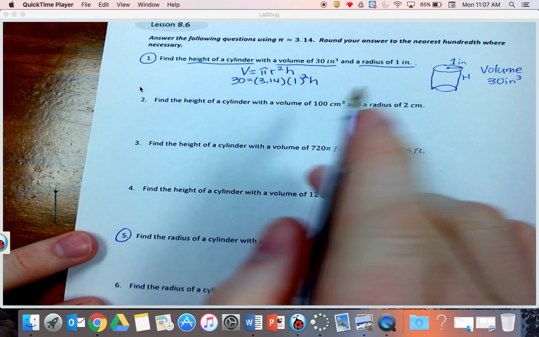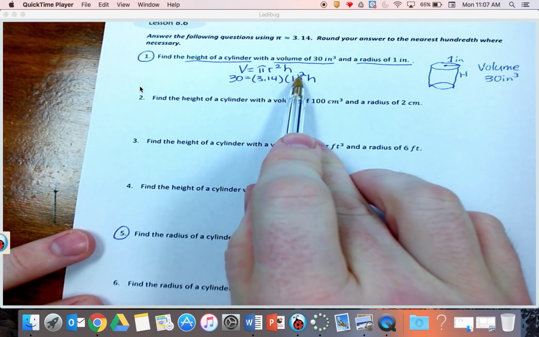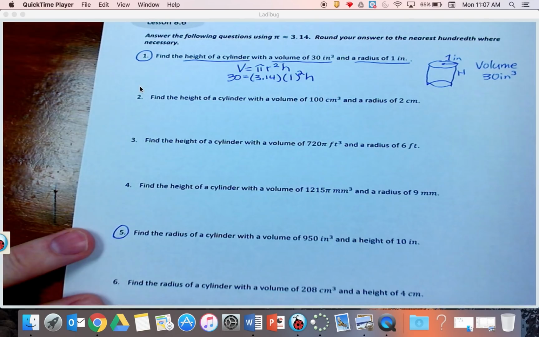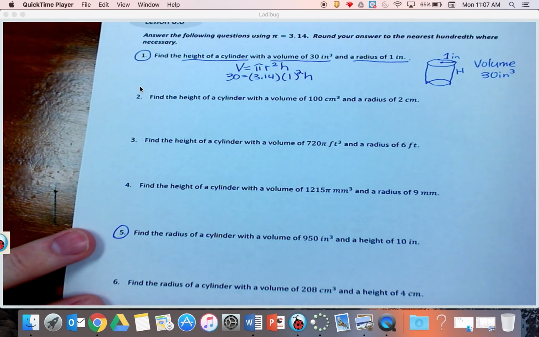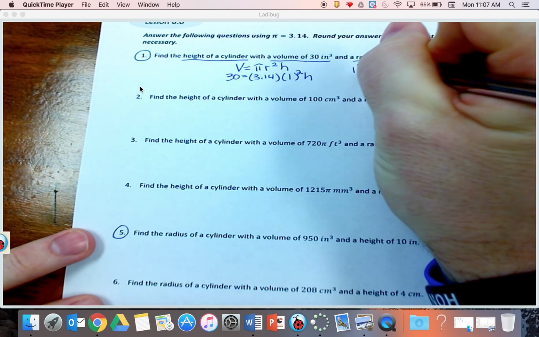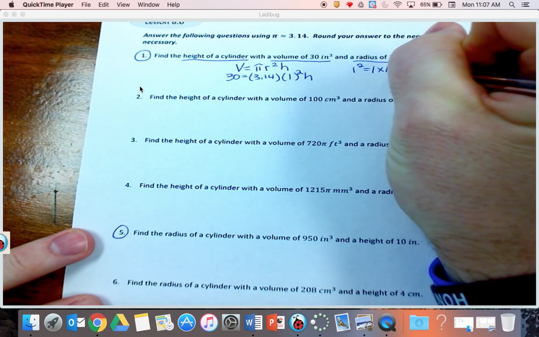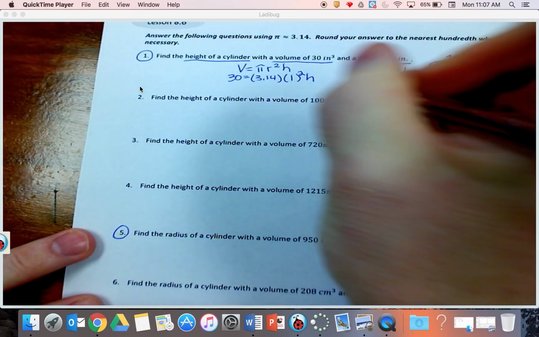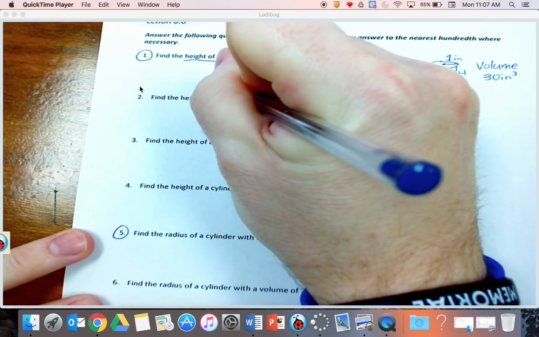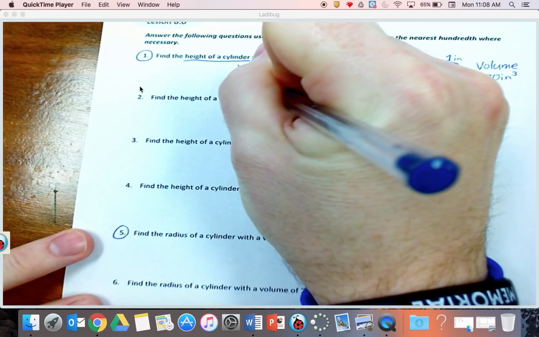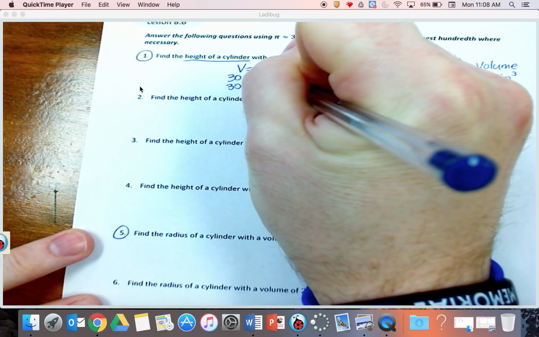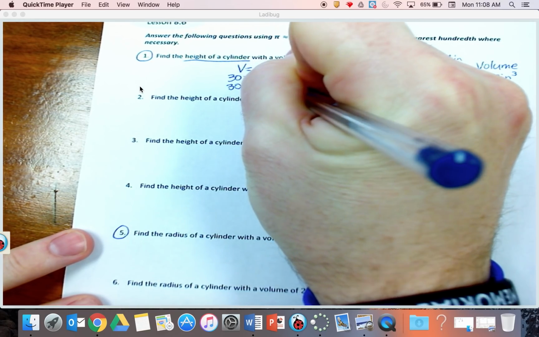The first thing I'm going to do is square 1. Remember, 1 squared is 1 times 1, which is 1. So now I can rewrite this as 30 equals 3.14 times 1 times my height.